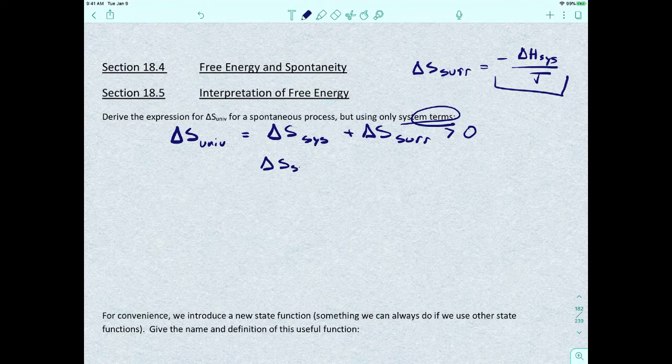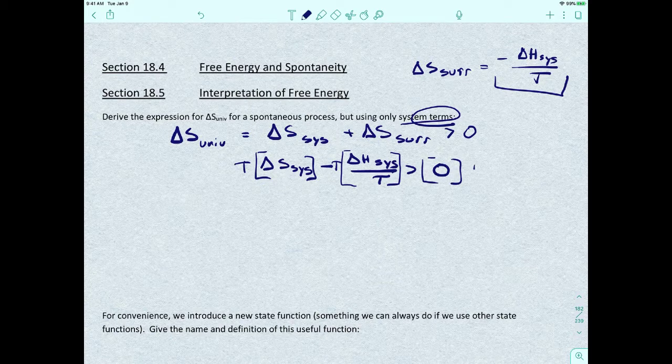The change in entropy of the system minus delta H of the system divided by T is going to be greater than 0. Now, since we've got the temperature in the denominator of a fraction, to get rid of that denominator we have to multiply this expression by T, and we also have to do the same thing to the right hand side.